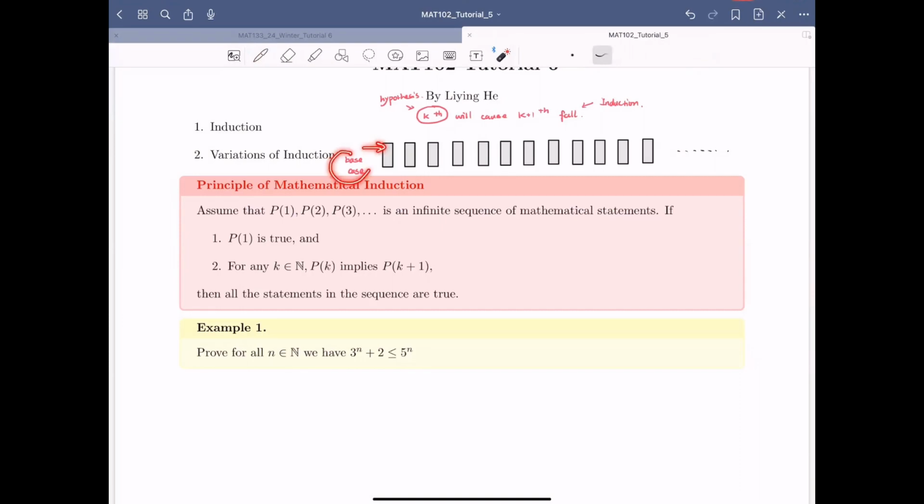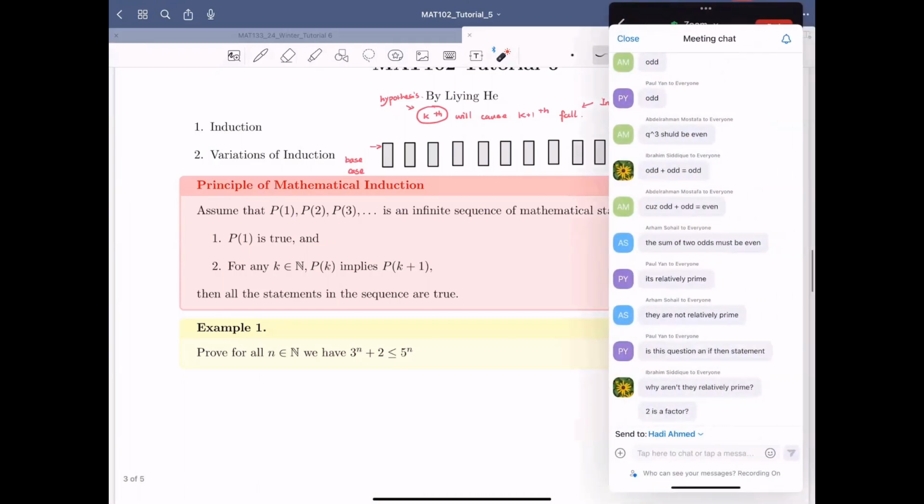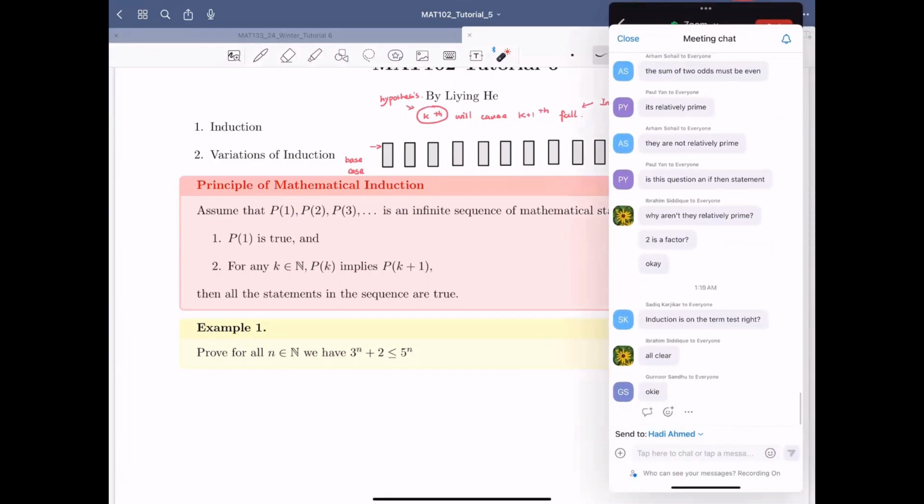I push the first one, which is my base case, and I suppose one of those, it doesn't matter which one, will fall. And you prove that this one will cause the next one to fall. Does that make sense? Why induction can give you everything's gonna hold true? It's exactly like dominoes. Is this clear?